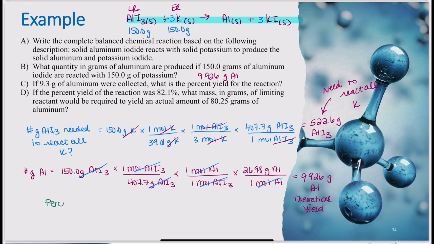So remember, percent yield is equal to your actual yield divided by your theoretical yield times 100%. So I actually collected 9.3 grams of aluminum, but theoretically I could have made 9.926 grams of aluminum.